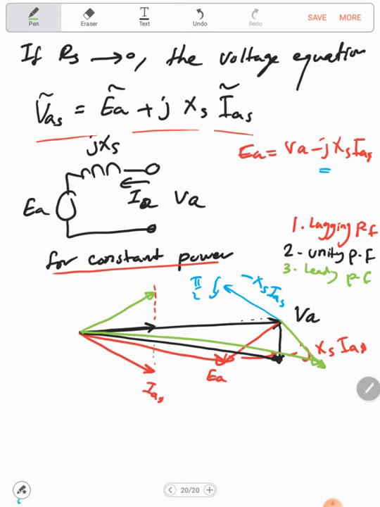So this is the phasor representation for the synchronous motor under different power factor. Notice here, due to the assumption that the power is constant, this one will be constant, and also this one is constant.